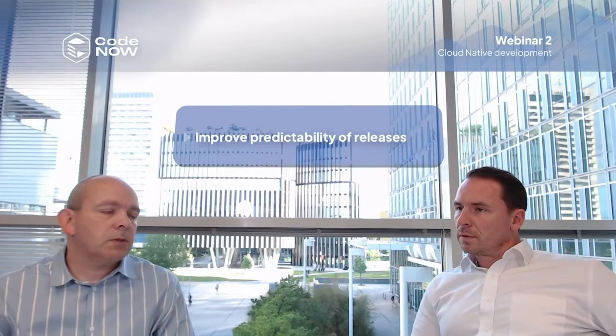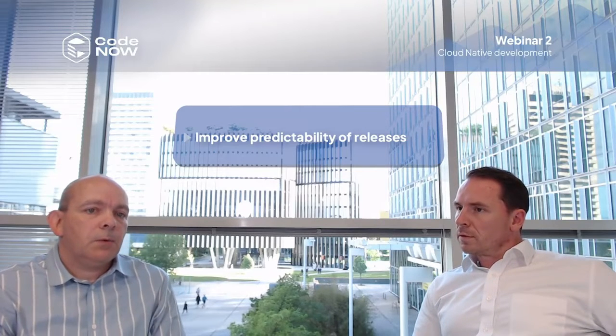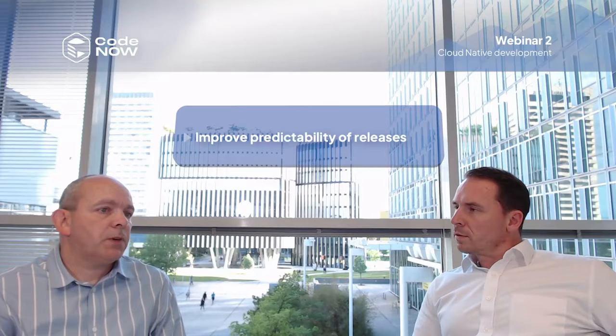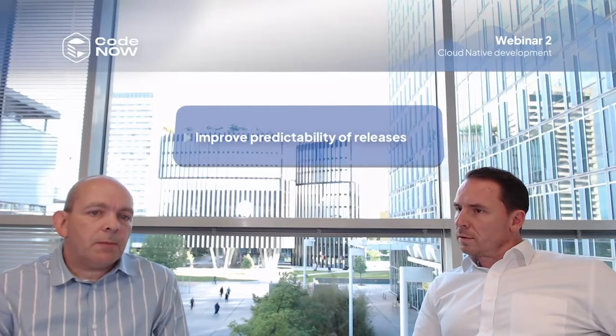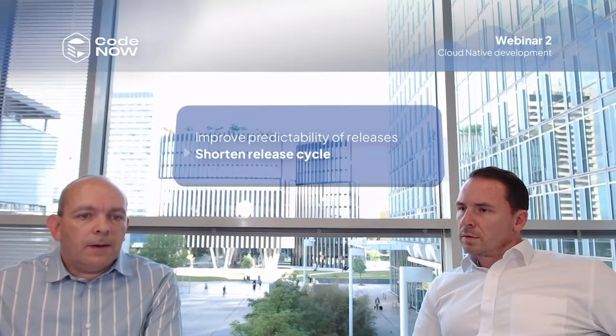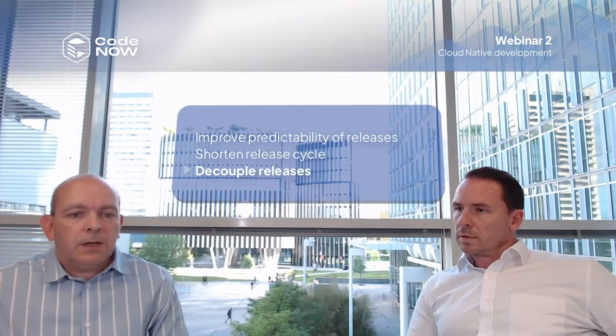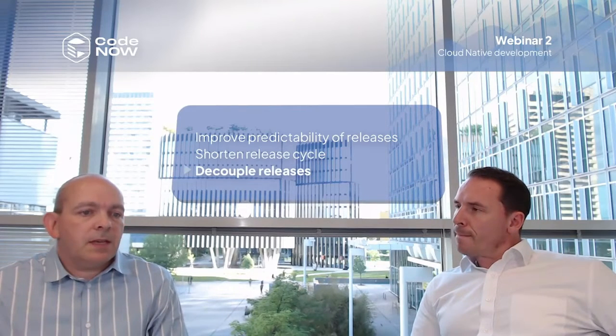One of the most important goals to support business is a controlled way of software delivery, which means to improve the predictability of releases. An appropriate approach to achieve such an improvement is to shorten a release cycle and decouple the releases of components at the same time.